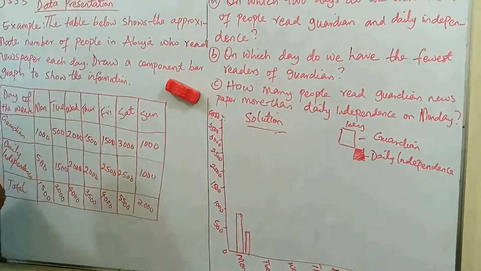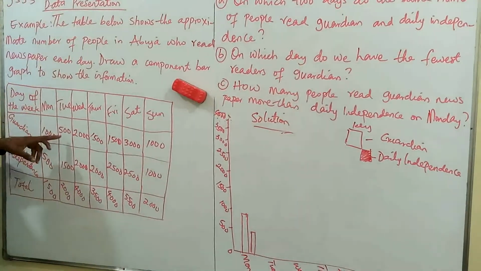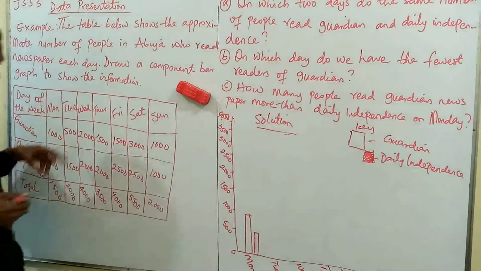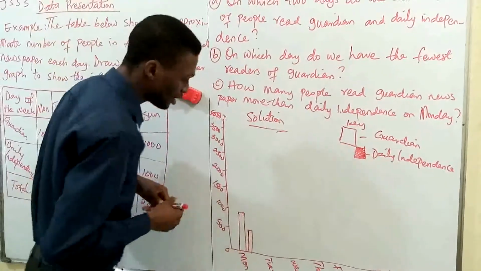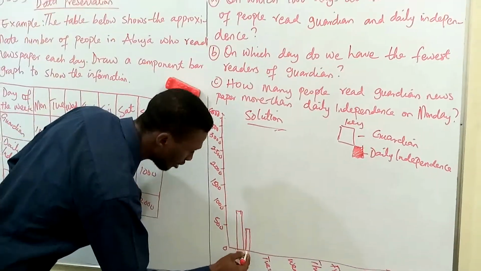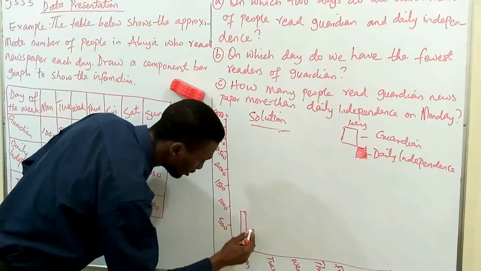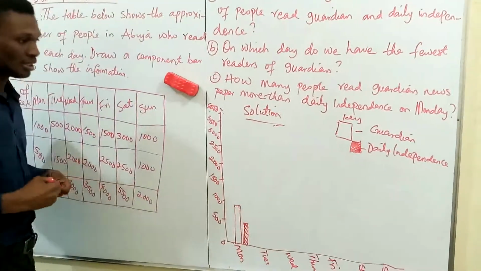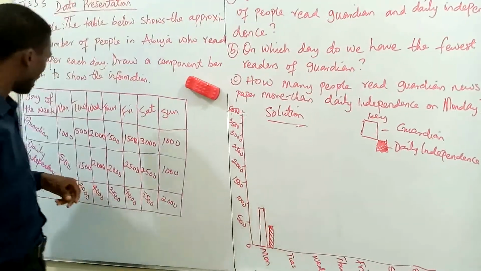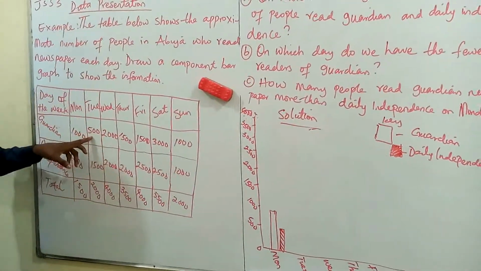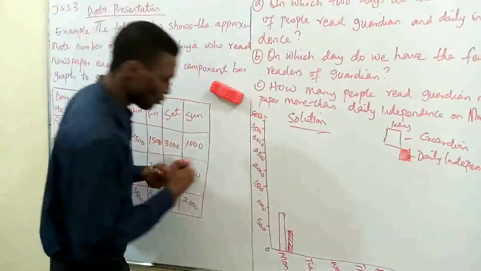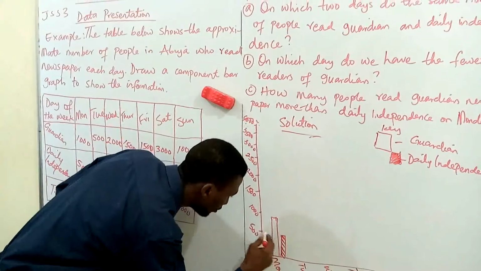Then on Tuesday, we have 500 readers of Guardian newspaper. We shade the Daily Independent because we use the shaded box to represent Daily Independent readers.